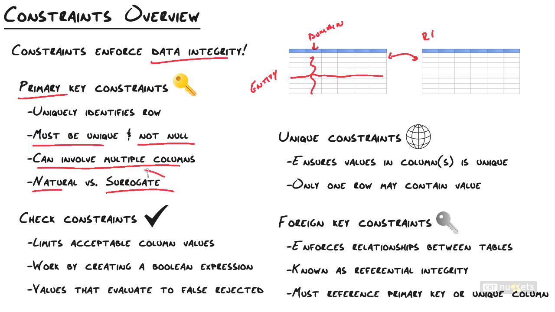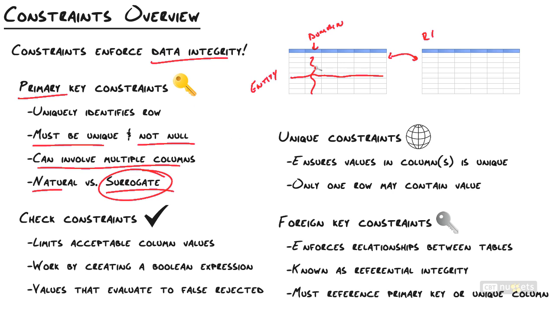So a lot of the times a surrogate key is going to be the better choice because an auto number field is about as good as it gets for performance. But if you can find a natural key that's small, then you wouldn't have to worry about an auto number, and it could make managing that table a little bit easier. But generally you're going to go with the surrogate key, which is creating your own field to uniquely identify the record. So primary keys enforce entity integrity.